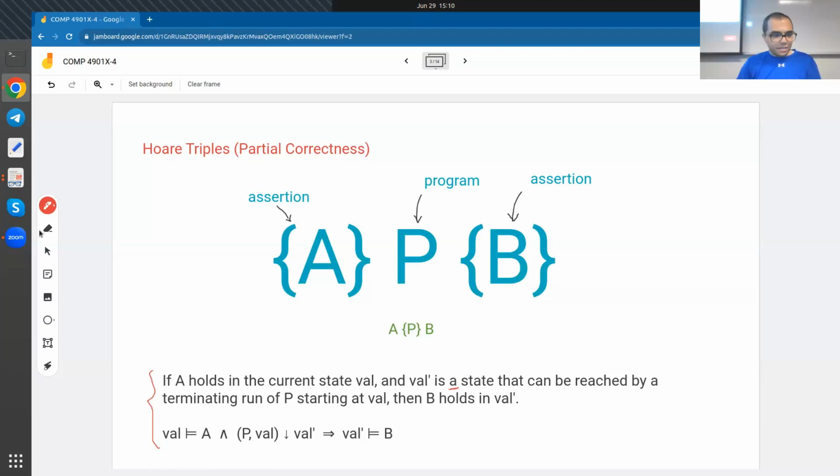So if I want to write this more formally, it's like for every val and val prime, it's really hard to write with a mouse. If val satisfies the initial condition or precondition A, and if I run P from val and it terminates in val prime, then val prime should satisfy the post condition B. Okay, so that's how I interpret these Hoare triples.